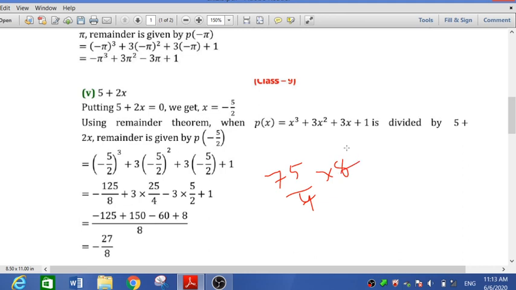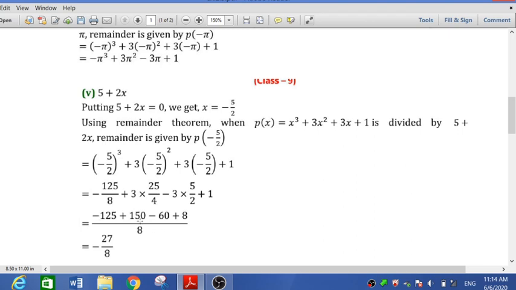If we cancel, 75 twos are 150. So here it is 150. The third term is minus 15 by 2, minus 15 by 2 into 8. If we cancel, we get 4, and 15 fours are 60. So minus 60. And in the last term we multiply the same with 8.